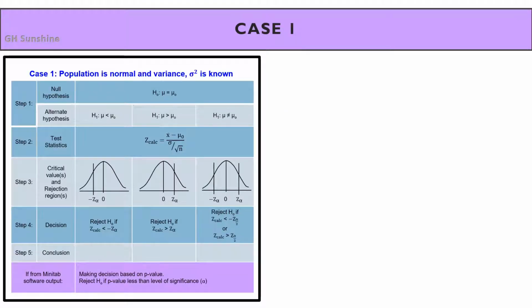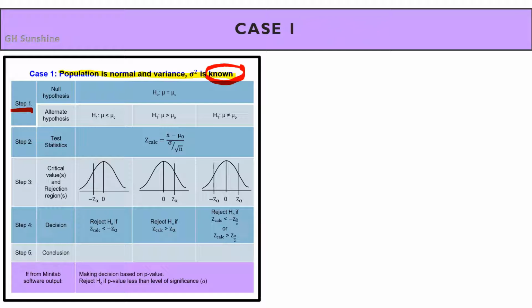Let's focus on the first case, where the population is normal and the variance or standard deviation is known. The word known here refers to the population. There are 5 steps to test the hypothesis. First step: set up H0 and H1.